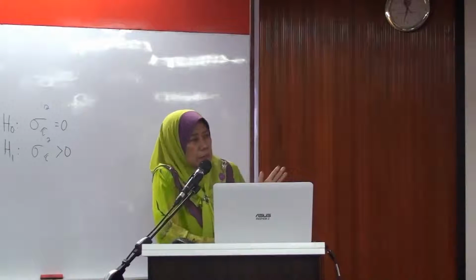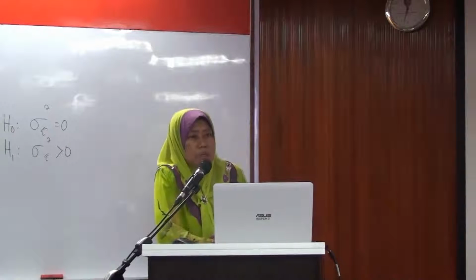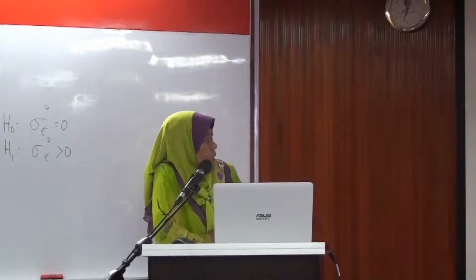Engineers. Yeah? Engineers will use this calculator. So before you decide whether this is a block effect, a completely randomized design, or a block design, you first need to know whether there is an extraneous factor that will affect the experimental result. So here you look at the engineers.